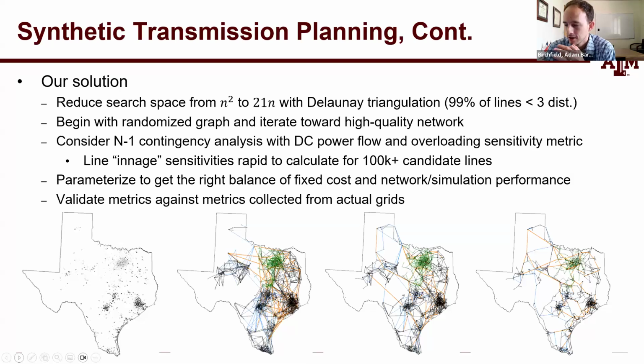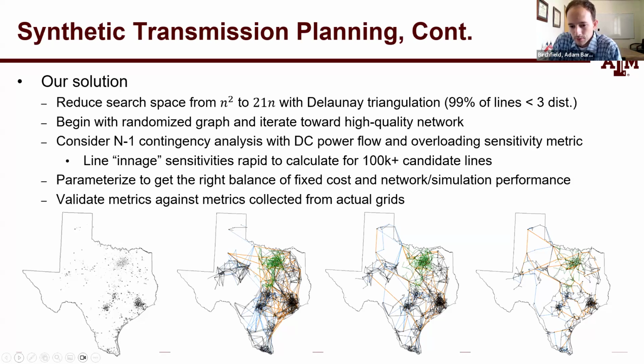If you consider the Delaunay triangulation plus third neighbors, that means any line which connects two substations that have a distance of 3 or less along the Delaunay triangulation, you cut the number of transmission lines from n squared down to 21n. So if we take Texas, Houston and Dallas are so far apart that you're not going to have a transmission line directly connecting the two of them.